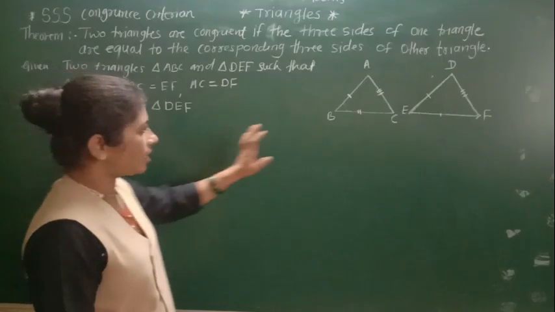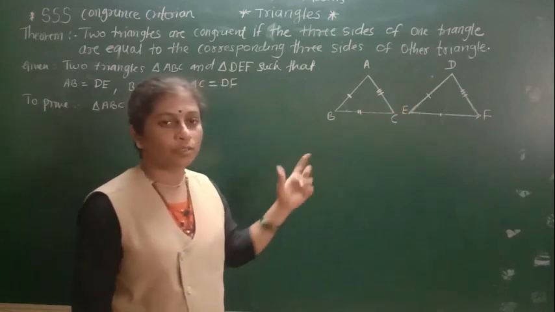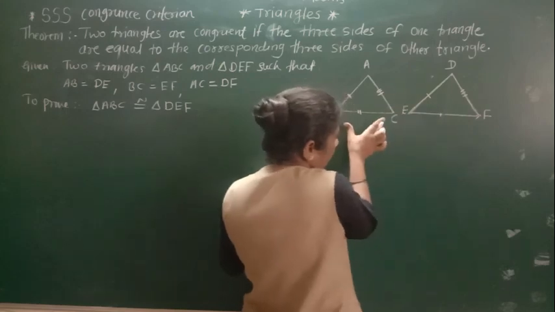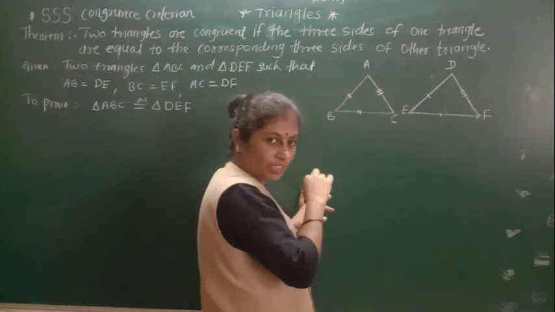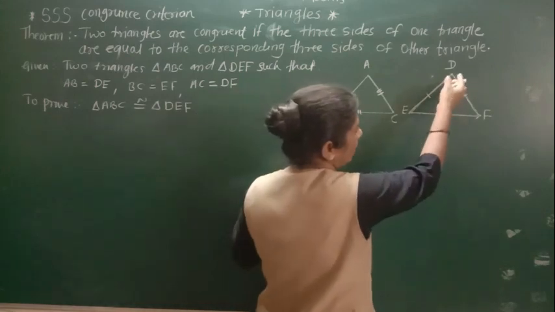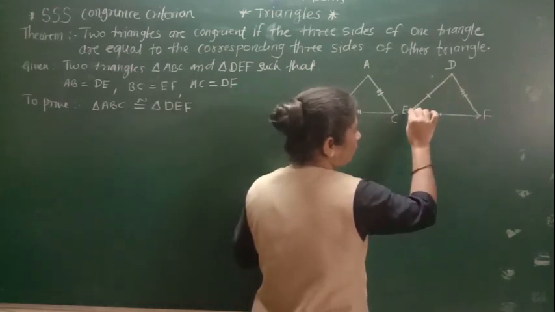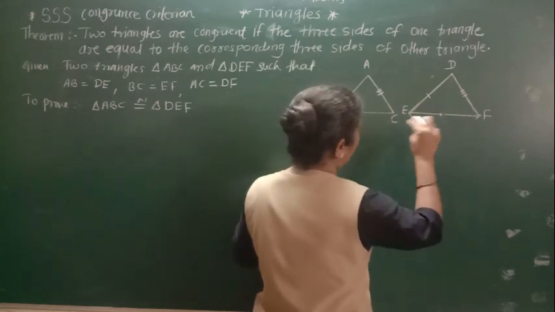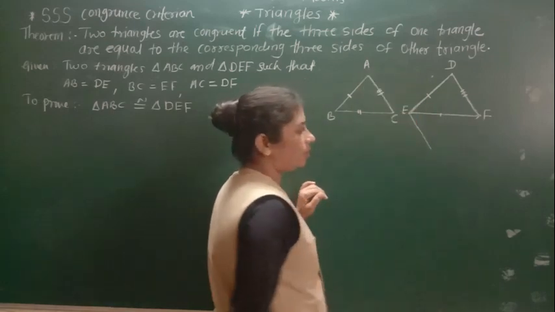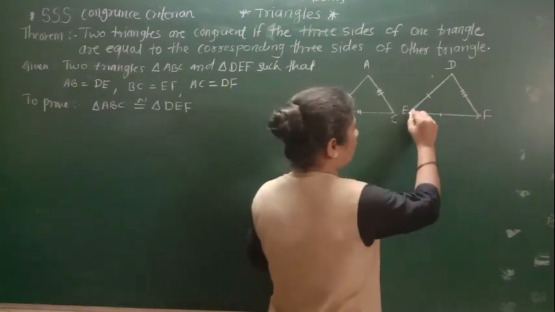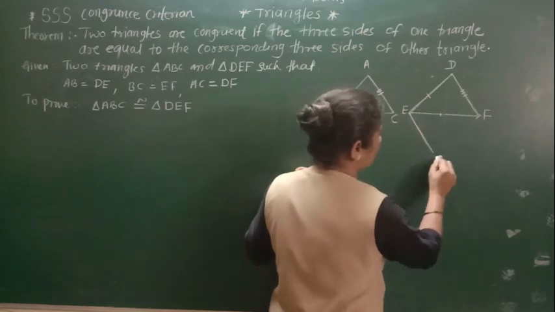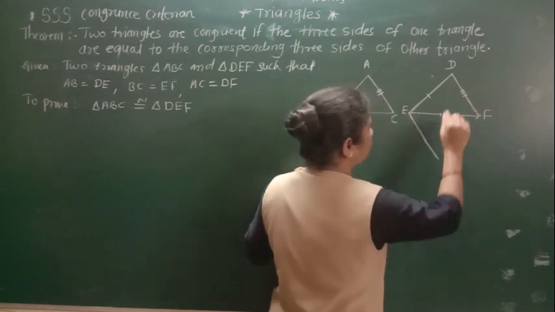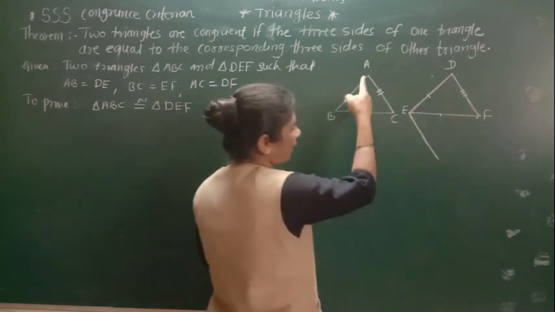To prove these two triangles are congruent, we have to do some construction here. Let us suppose BC is the longest side of this triangle. In triangle DEF we have to draw a segment EG in such a way that AB equals EG, and angle FEG equals angle ABC.